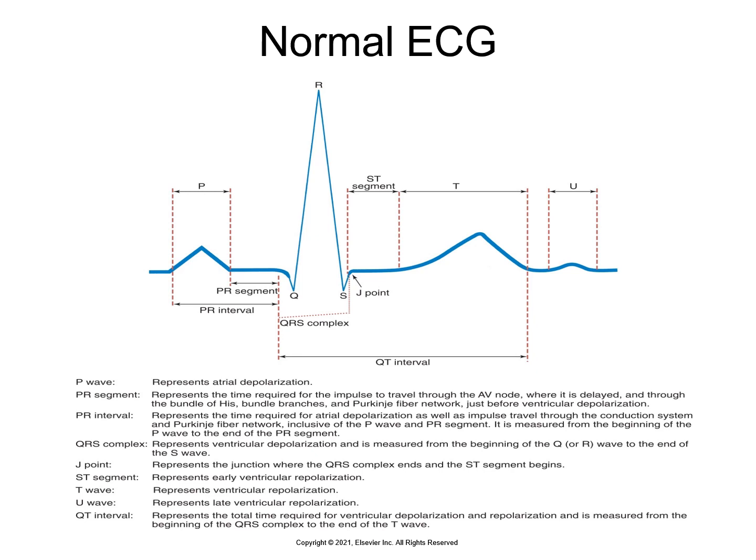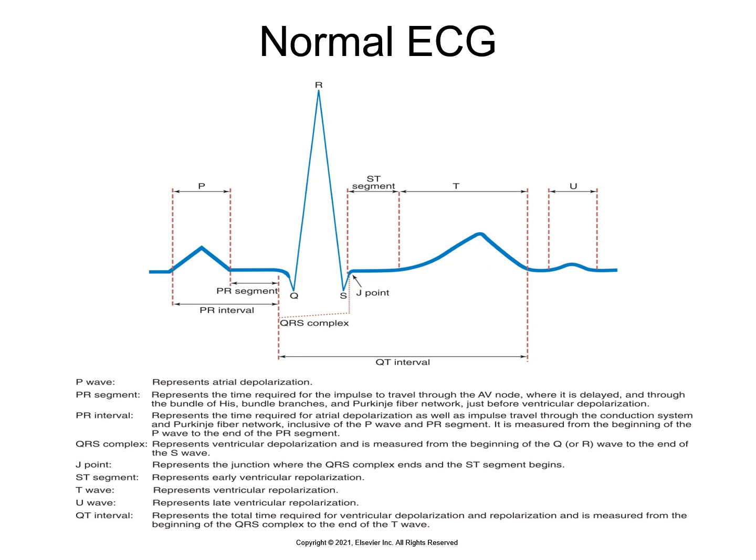The J point is the junction where that QRS complex ends and the ST segment begins. The ST segment represents early ventricular repolarization. The T wave is ventricular repolarization. The U wave, if you see it, would indicate late ventricular repolarization.